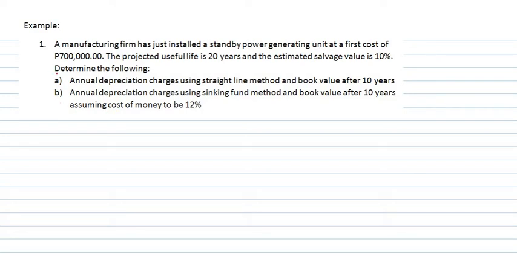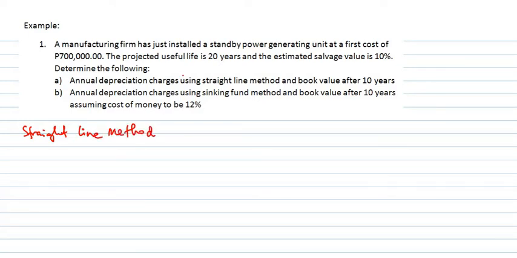So before we answer this particular problem, I have to show first to you the different formula for solving straight line method. So we will start with a straight line method in our discussion. So I will write here what we call the straight line method.